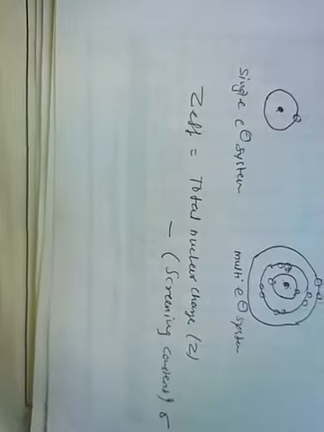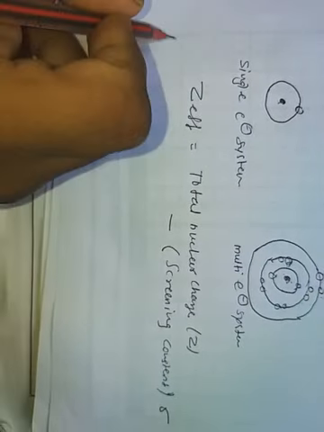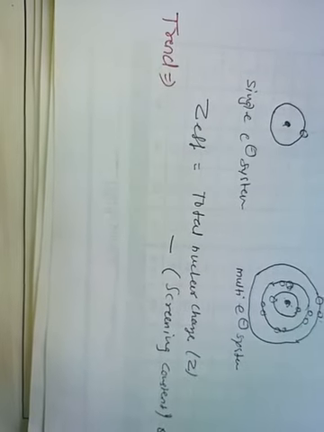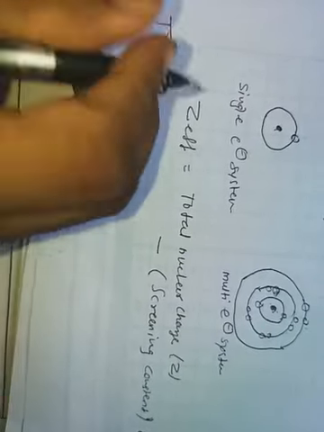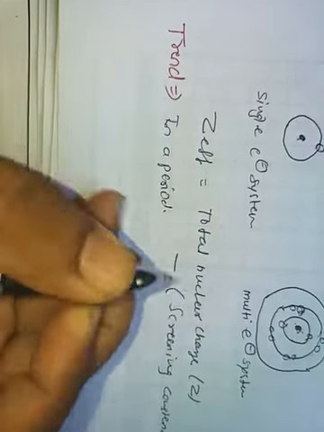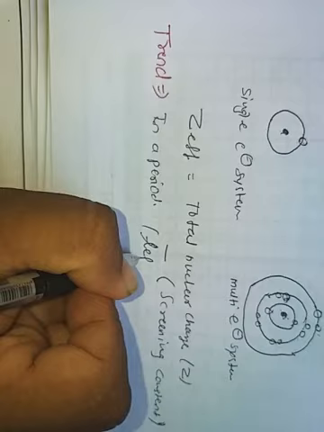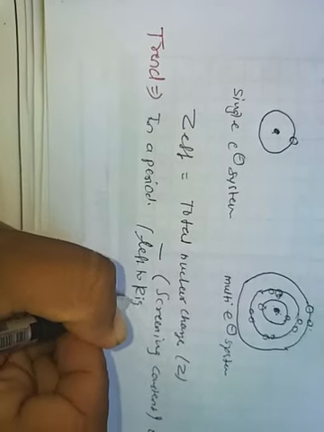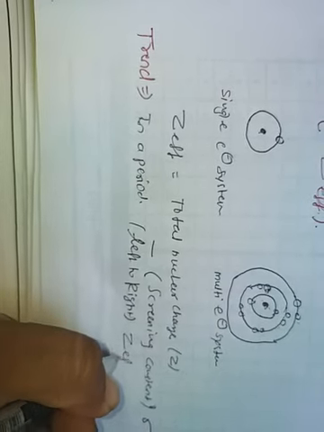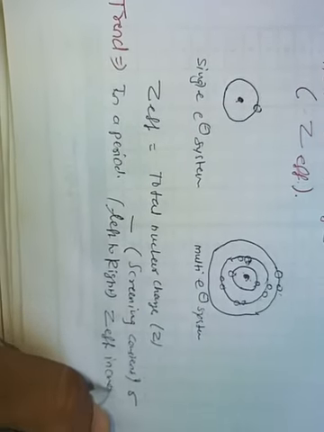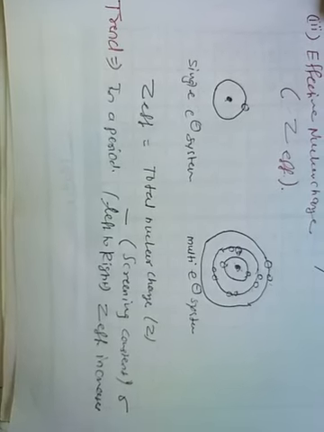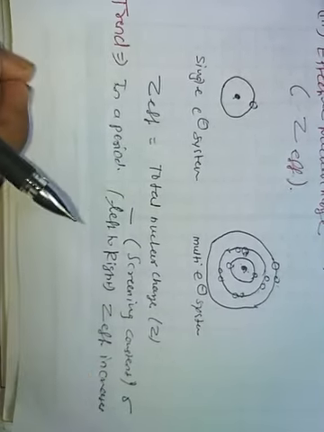From this we conclude an important trend. Along a period from left to right, Z effective increases, which means atomic size will decrease.